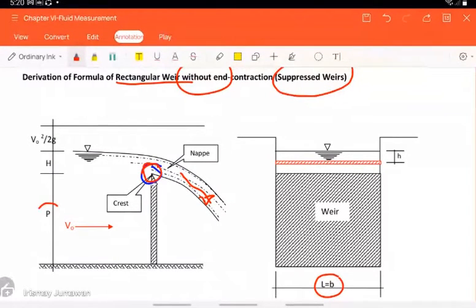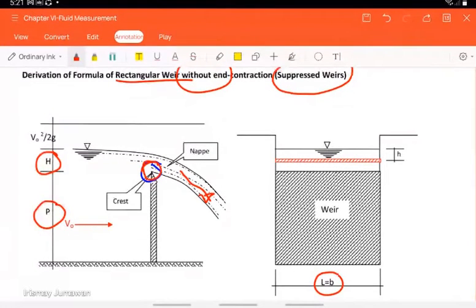So we denote P as the height of the weir, H as the head over the weir, from the top of the weir to the water surface. That is the measurement of the head. The energy grade line. So the total head is equal to the height of the weir.